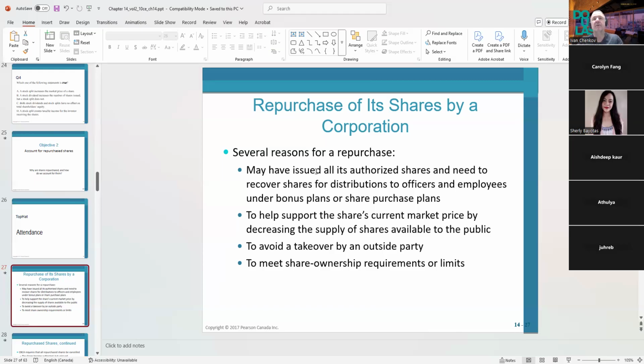Second reason, maybe it helps to support the share's current market price. This is also very interesting. If the company senses that the shares are undervalued on the market, the company can easily start buying its own shares back from the market.